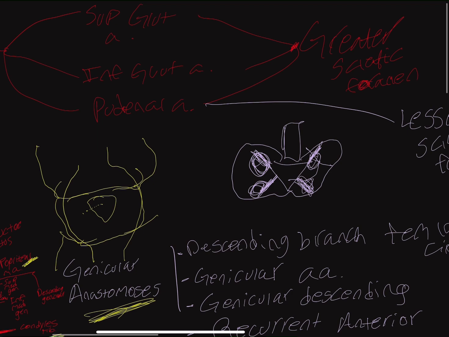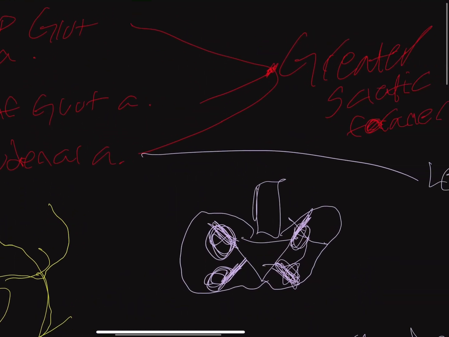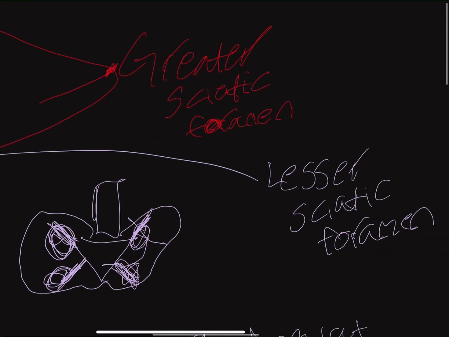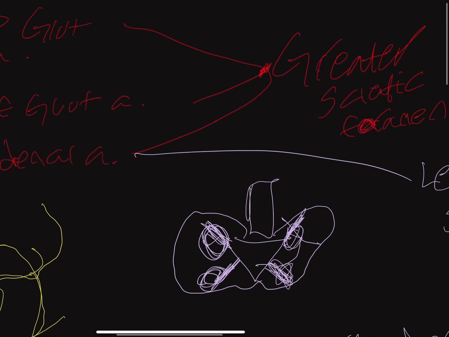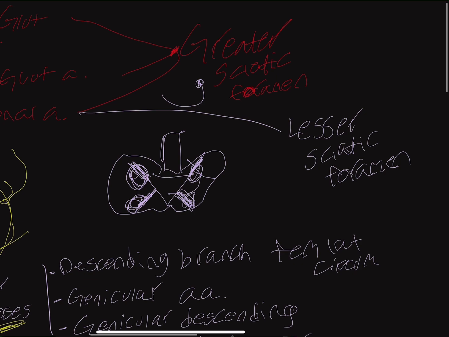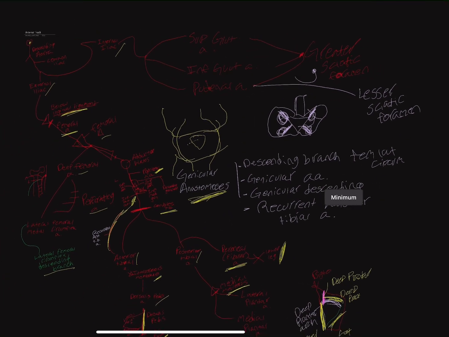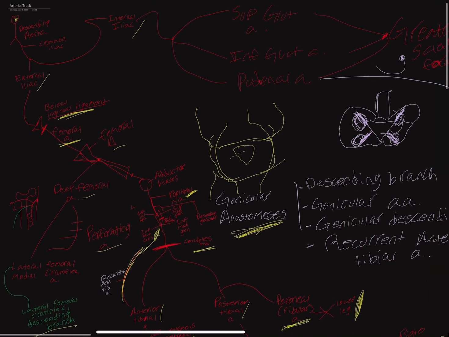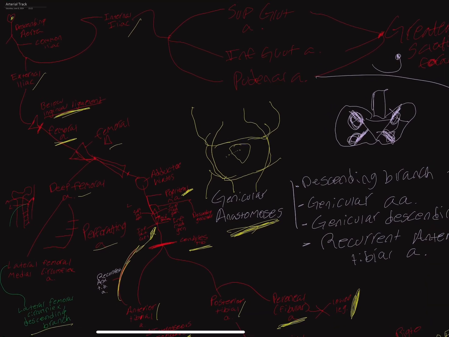Your superior gluteal artery and your inferior gluteal artery are going to go through the greater sciatic foramen. Your pudendal is going to go through the greater sciatic foramen as well, right? But then it's just going to loop back and go through this lesser sciatic foramen, right? And it's just going to supply everything that's in the pudendal area. But that is what I got for arterial tracts and how it flows.